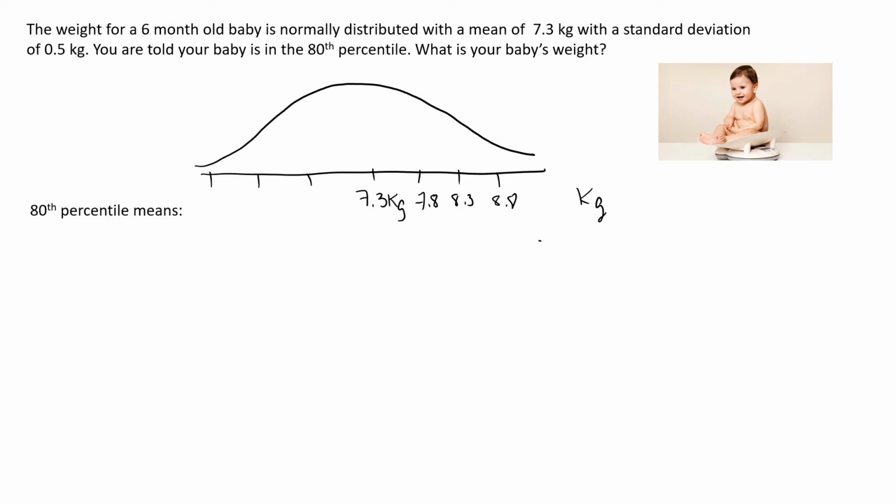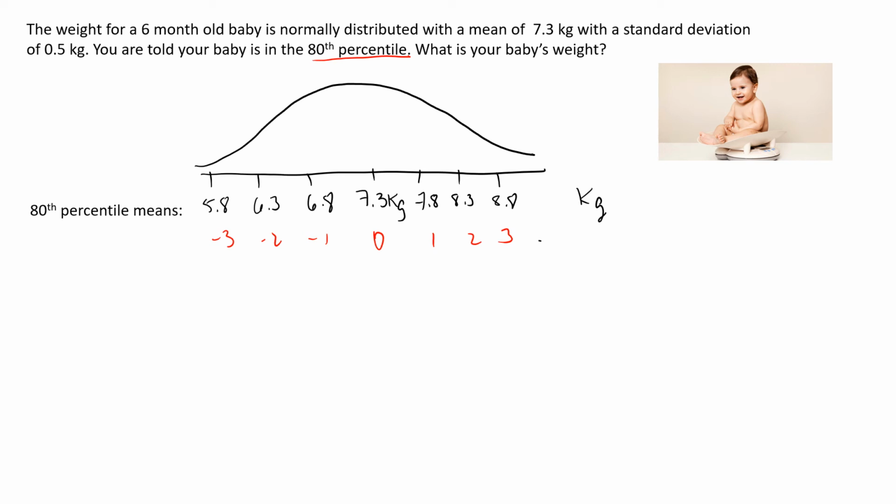And then going down, we have 6.8, 6.3, and 5.8. And I'm just going to add my z-scores for good measure. And here's my standard normal curve.